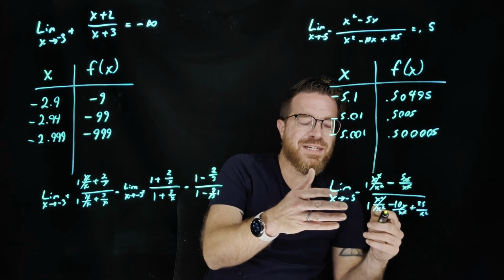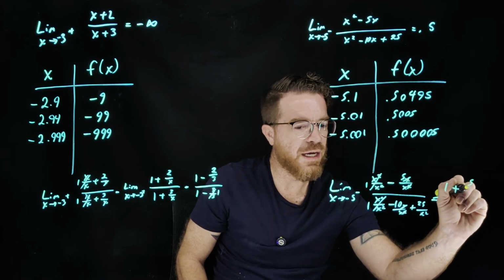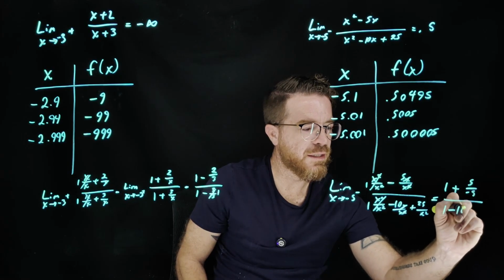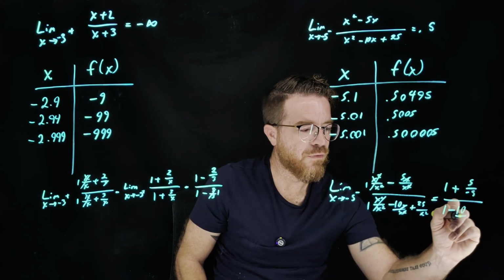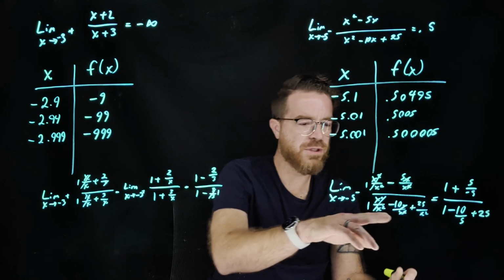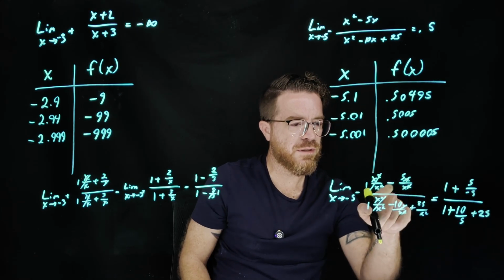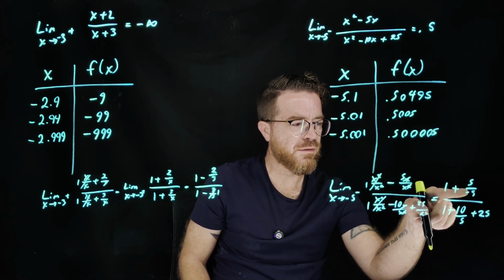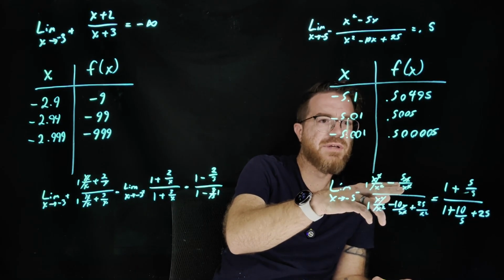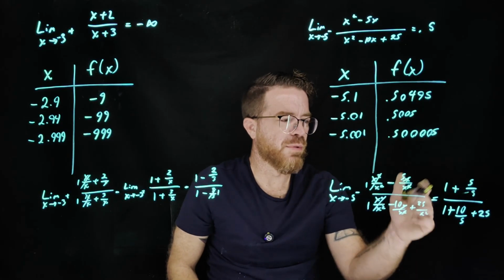And if we plug in our -5 in here, we're going to get 1 plus 5 over -5 divided by 1 minus 10 over -5 plus 25. So actually, this should be -5, so this should be plus. Yes, we had 1 minus 5 over -5, which is going to give us 1 minus 1, or 1 plus 1.